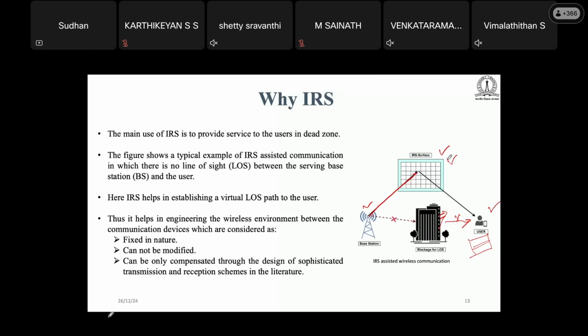So that's why we are putting this IRS element. And this IRS element actually gives a line of sight communication, although it is a non-line of sight place, providing a virtual connection. You can see there is a connection, right? And it's a virtual connection, so that's why we say IRS provides a virtual line of sight.